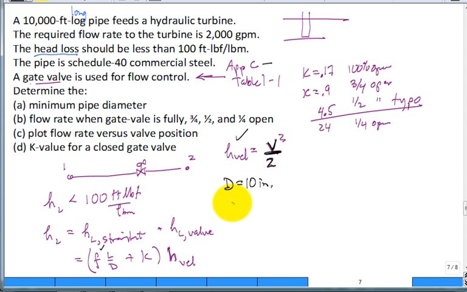So we're going to do this. Once I pick the pipe diameter, I can basically get the speed in the pipe by taking the volumetric flow rate and dividing by the area. True? That volumetric flow rate is 2,000 gallons per minute. Then I have to convert my gallons to cubic foot.